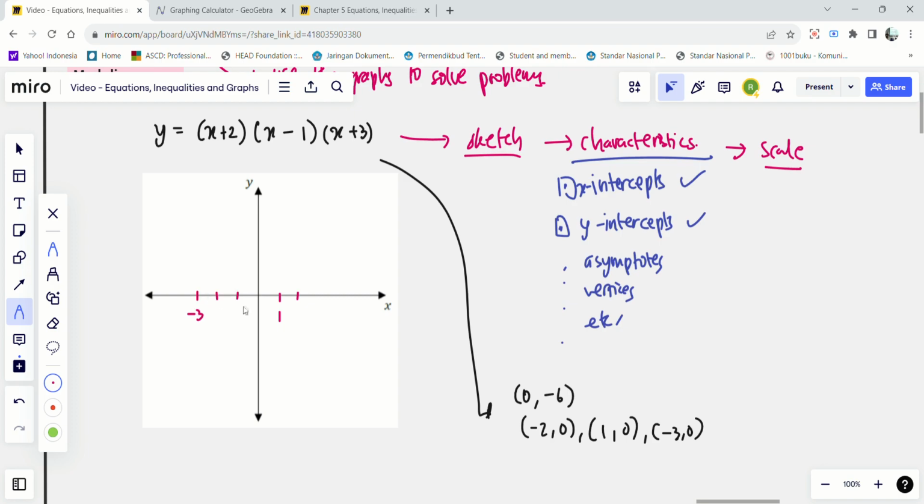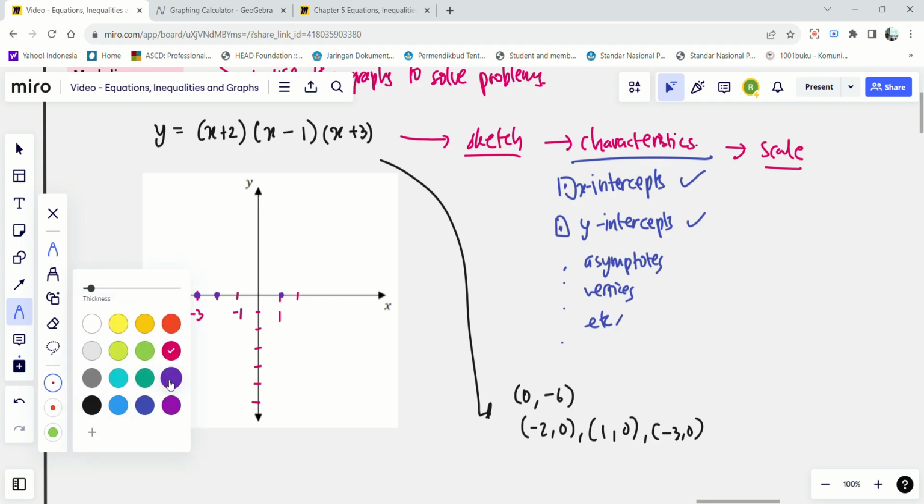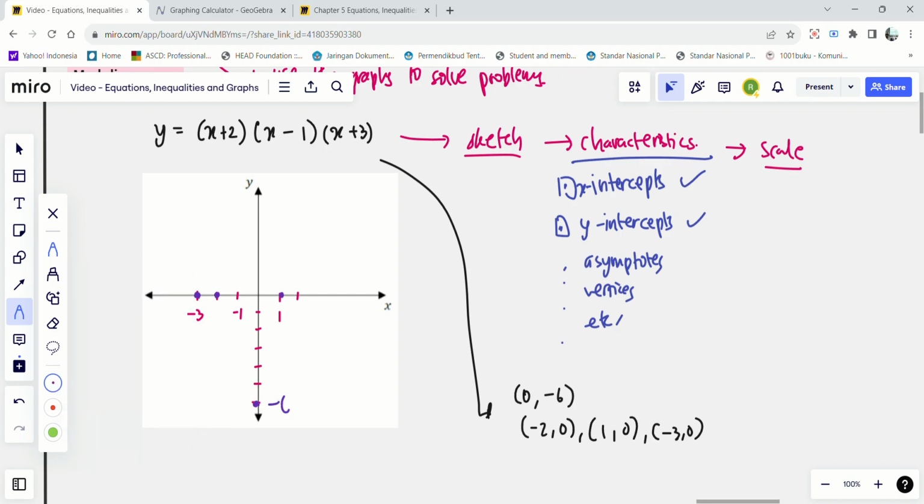So here we can plot the intercepts: -3, -2, and 1 as the x-intercepts, right? And how about the y-intercept? We have (0, -6), meaning going down. So 1, 2, 3, 4, 5, 6. So here we are, -6, right?